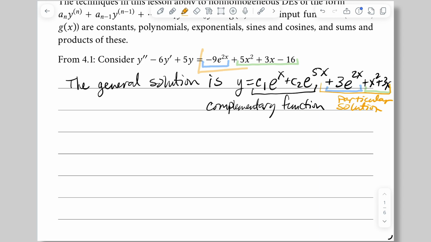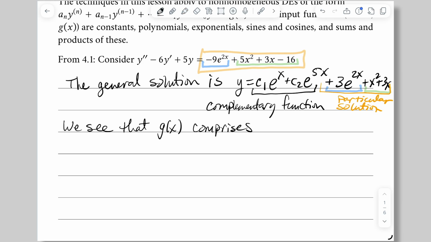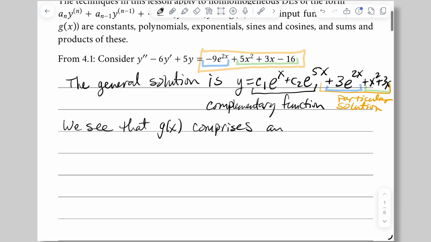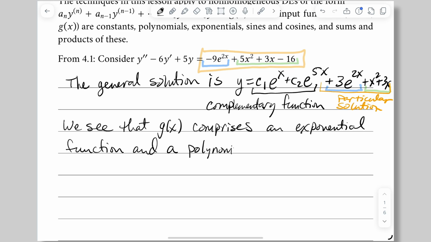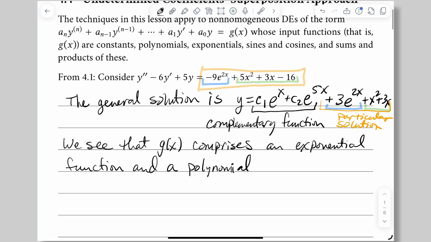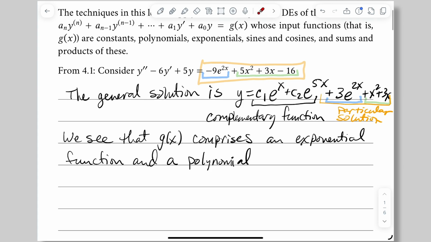So the particular solution exists because the right-hand side is different from 0. And here what we have is that g of x comprises an exponential function and a polynomial. And it's not necessary to break them apart in this way, but it is pretty much necessary to identify what they are, because the technique we're using right now only applies to types of functions that are in the list that I read before.